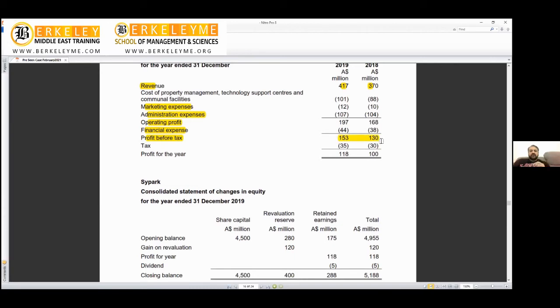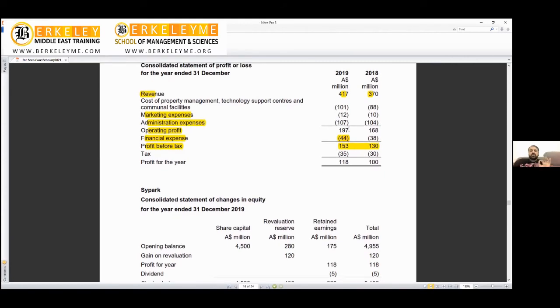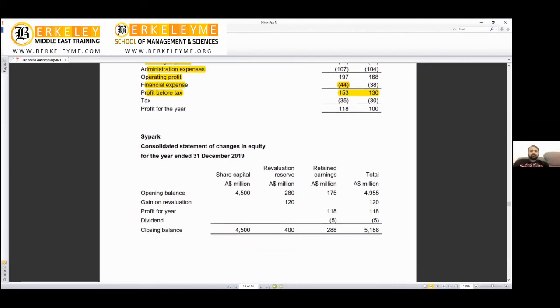If your operating profit is very little to cover the financial expense, a new leverage cannot be created, right? We cannot create new leverage if the profit before interest and tax is too small. And profit for the year is this one.